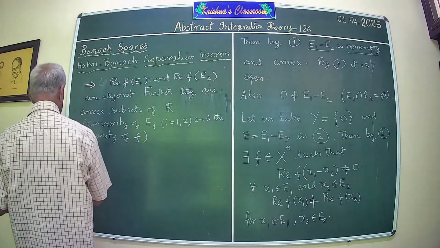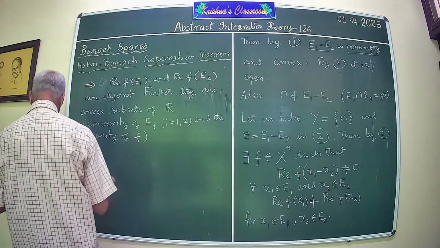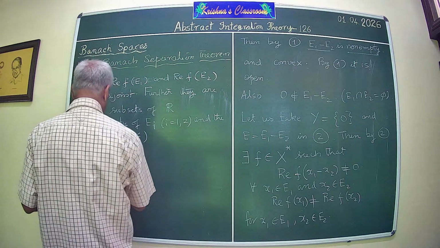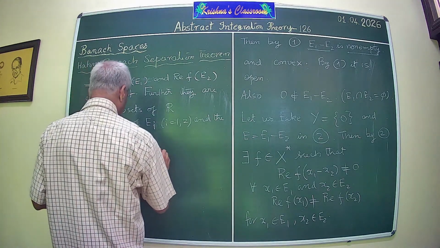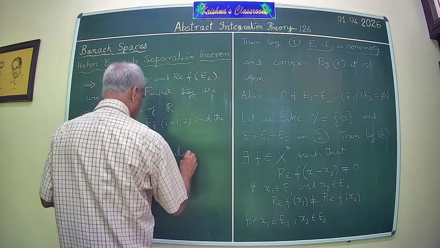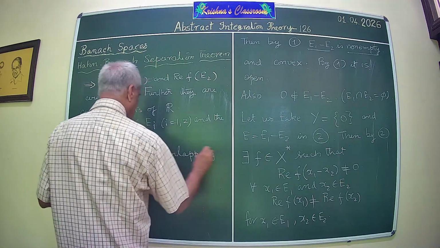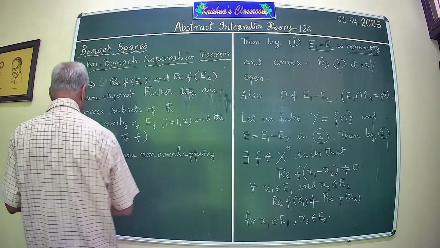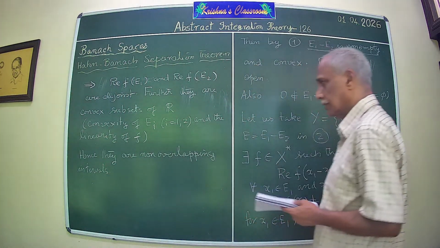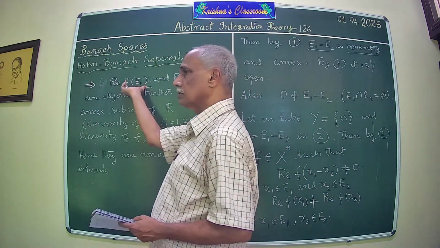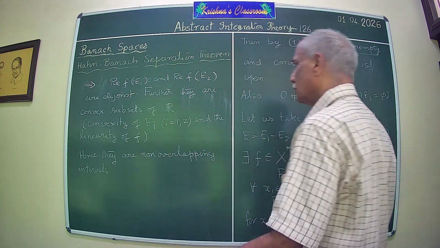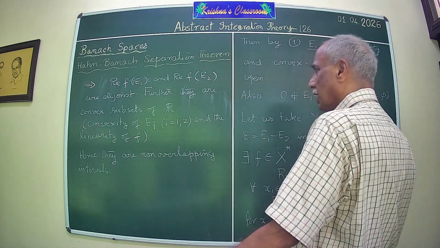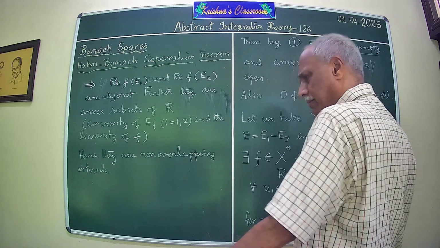Therefore what do we get? Hence they are non-overlapping intervals, because if you take 2 points in this set, what happens? That's the form real f of x1 and real f of y1.